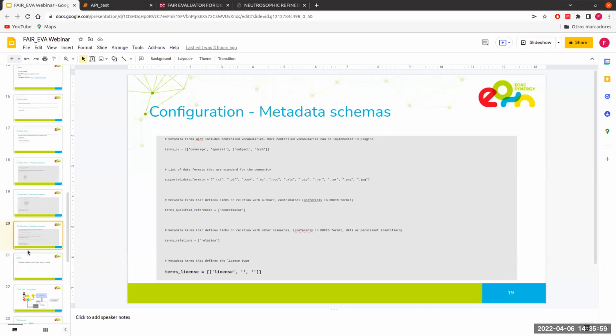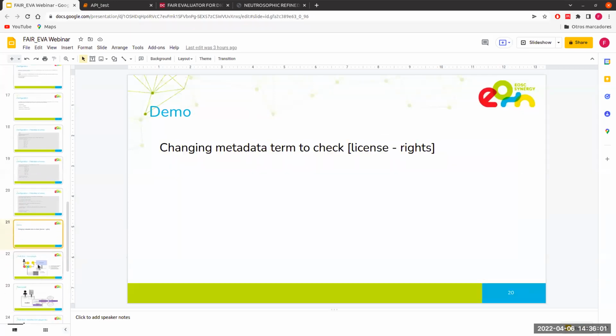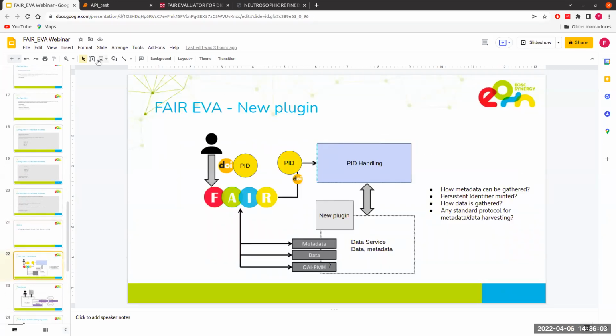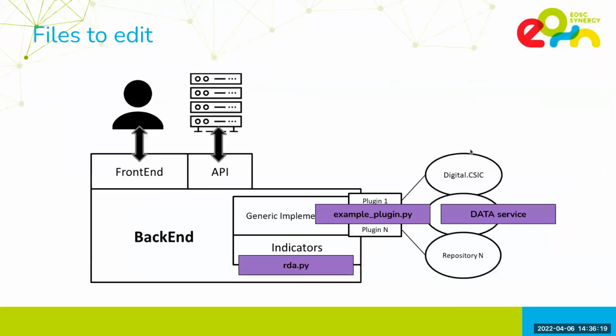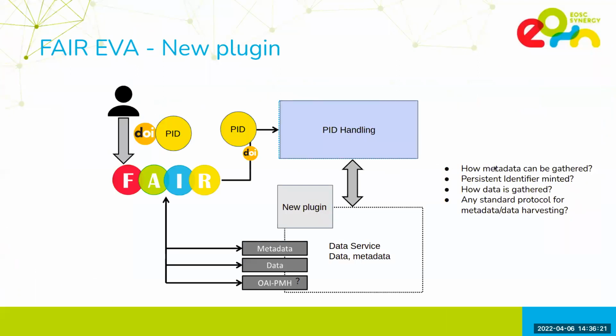Okay, so if you want to create a new plugin, you need to have the architecture in mind. And you need to know how your data service, your repository, works. You need to know, for example, how the metadata on the repository or on your data portal can be gathered.